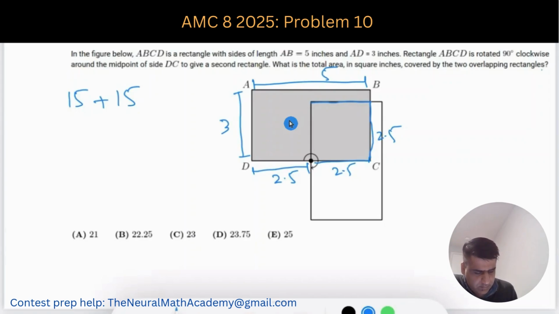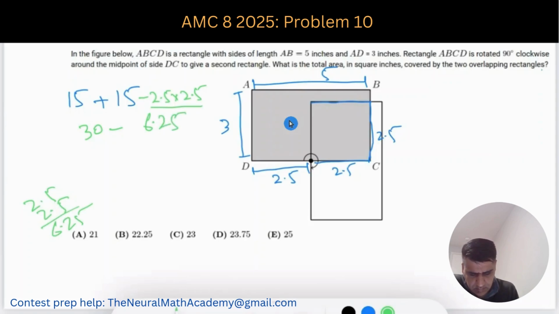So then what we will do, we will basically subtract this overlapping area. And now if we calculate, we will have 30 minus this number, so that would be 6.25, and then we can simplify that, and it would be then 23.75, and the answer is then D.